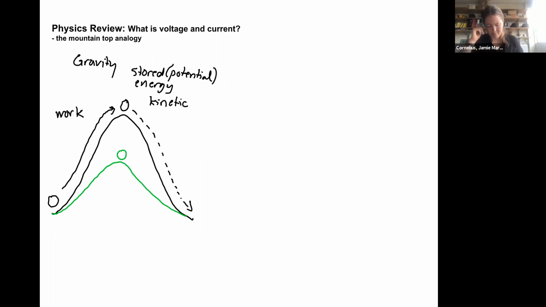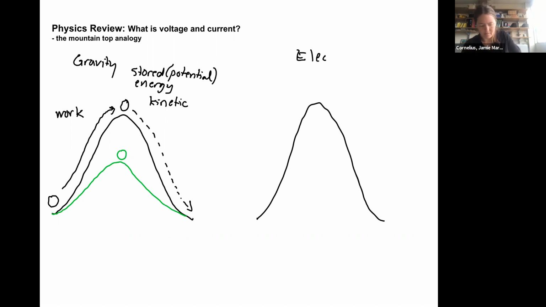So if we take that same analogy and we draw another mountain, and here we're going to talk about electricity. And instead of a rock, we now have an electron. And so if we do work to push that electron up a gradient, so again, we've done work here.